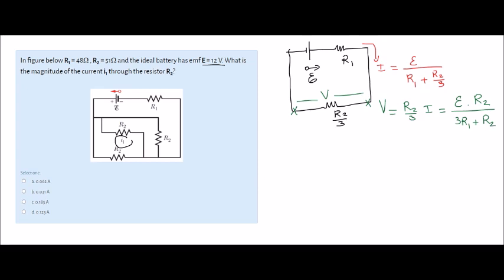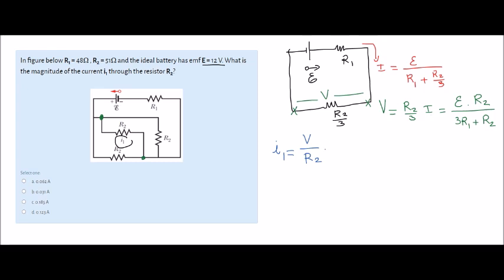This voltage is the voltage between this point and this point. So what is the current I1 now? Straightforward, I1 is equal to V over R2, since V is the potential across R2.